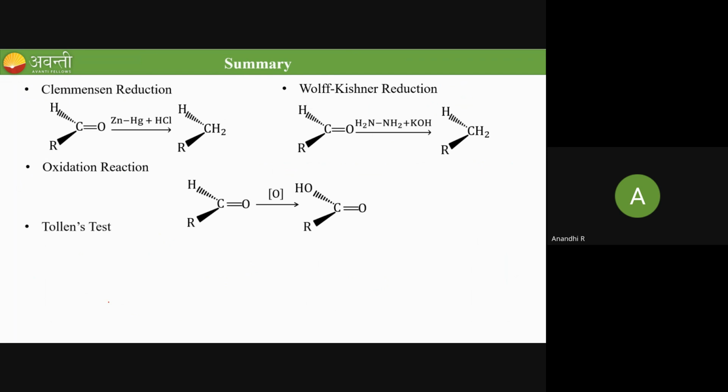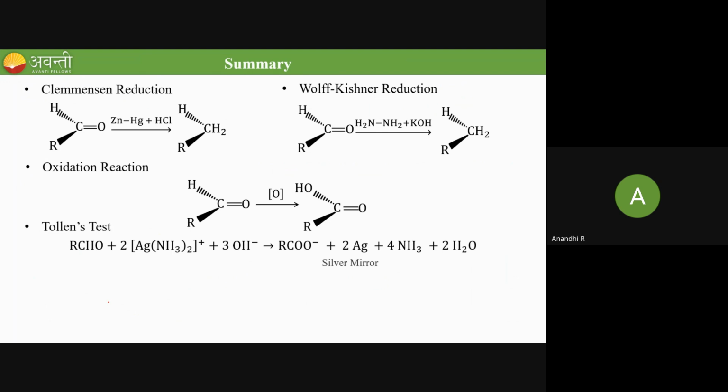Good. And the Tollens test. So what is the Tollens test? The reaction of aliphatic or aromatic aldehydes with ammoniacal silver nitrate solution is called the Tollens test. This test is used to find out whether the reactant contains aldehyde or not. If a reactant contains aldehyde, then at the end of the reaction, a silver mirror is formed at the surface of the test tube or the container which you are using.